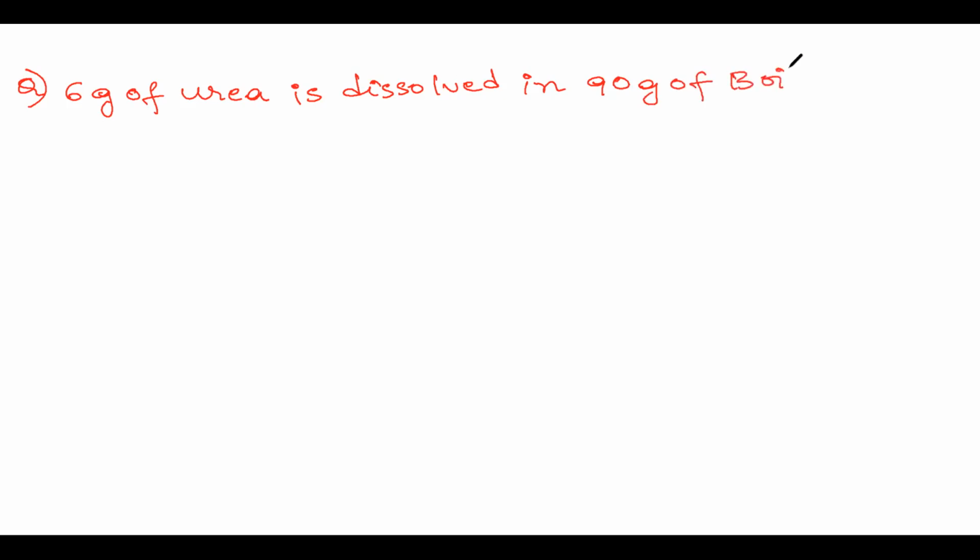Question number 1. 6 grams of urea is dissolved in 90 grams of boiling water. The vapor pressure of the solution is, the same question has come for JEE.